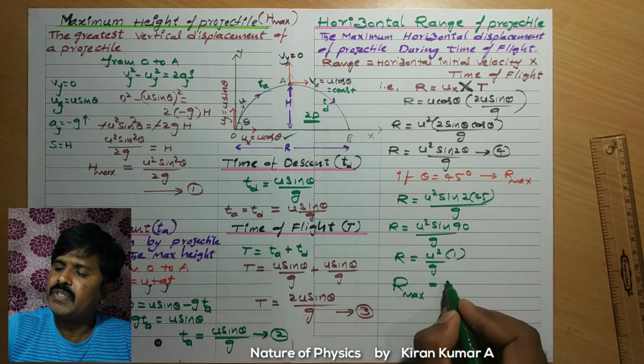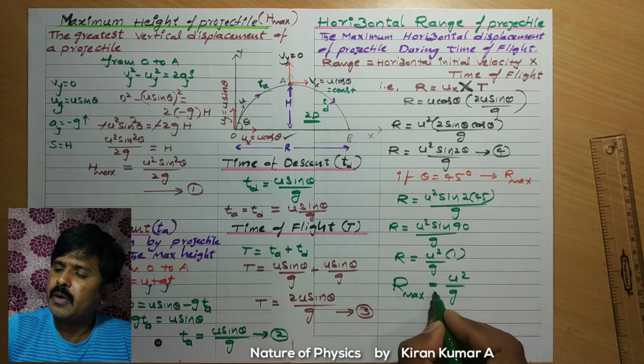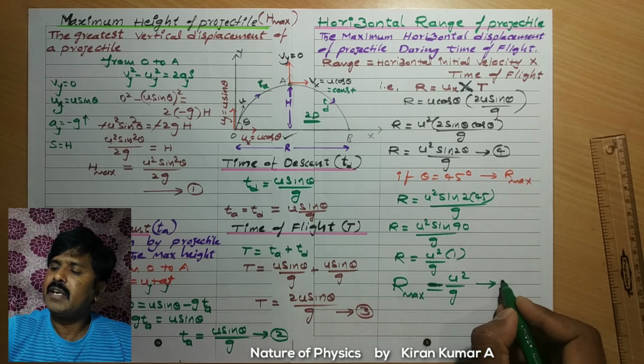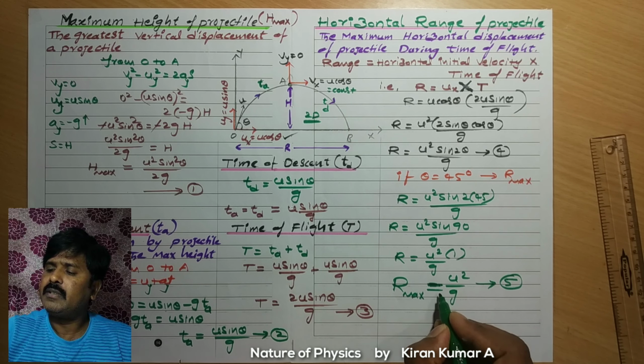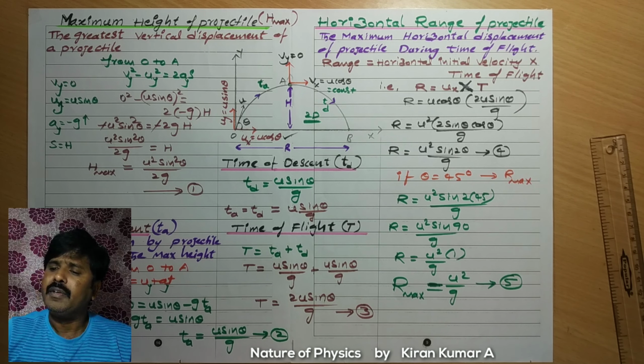The maximum range is equal to u square divided by g, student. This equation is written as equation number 5. Okay, maximum horizontal range is equal to u square divided by g.